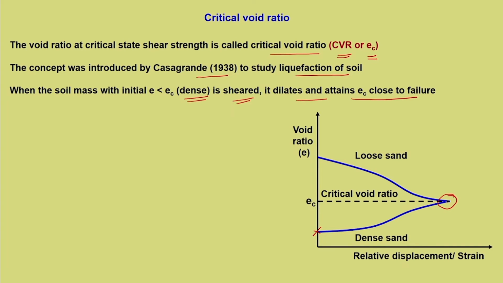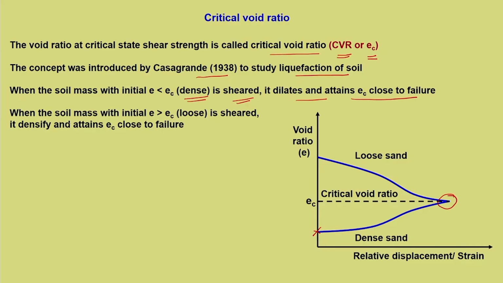Similarly, when a soil mass with initial E which is greater than EC, that is for a loose state, when it is sheared, it densifies and attains EC close to failure. Failure means here we refer to critical state or critical void ratio, where the volume becomes constant.